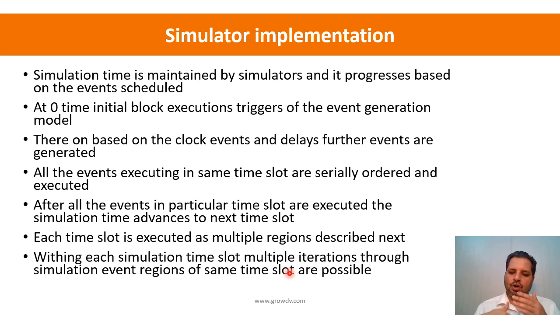What I mean is, at 1 nanosecond there is some change, and because of that change another change triggers, so the same time step gets executed multiple times until the values are stabilized. For example, if I had a crisscrossed gate based flop implementation, the crisscross transfer of values could lead to multiple iterations through the same time step before the values are stabilized. So that is possible.